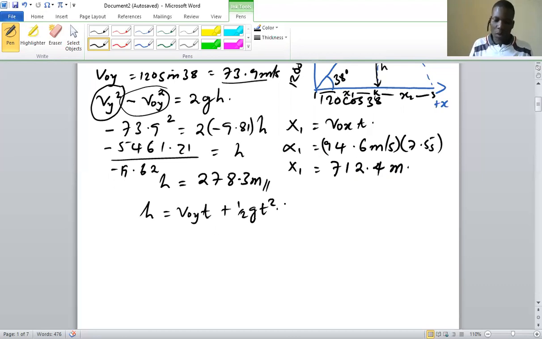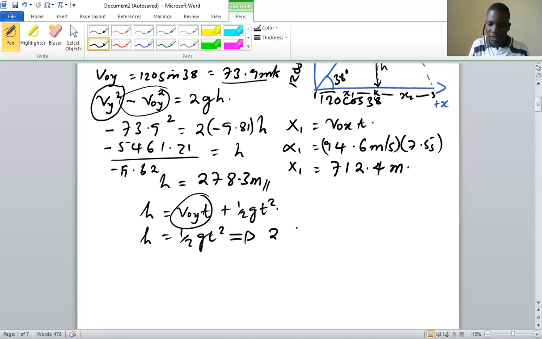Okay, so now this second fragment doesn't have the initial velocity in the y. It's moving in the x after the explosion. So this part is going to be 0. So we're going to have height being equal to half g t squared.